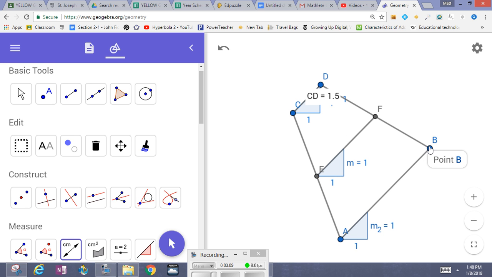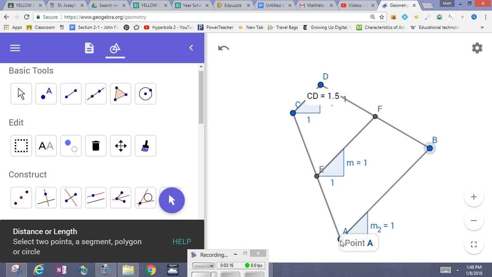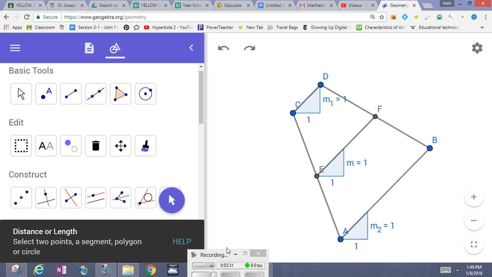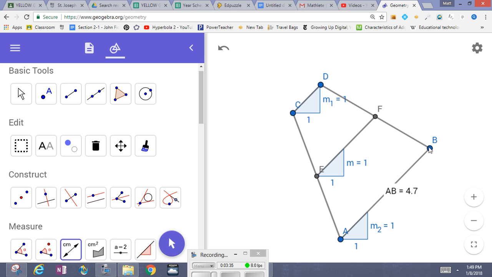Now let me measure from A to B. It's not wanting to cooperate for some reason, so let me undo this a little bit. Measure distance or length, select 2 points: from A to B is length 4.7, and from C to D is 1.5.